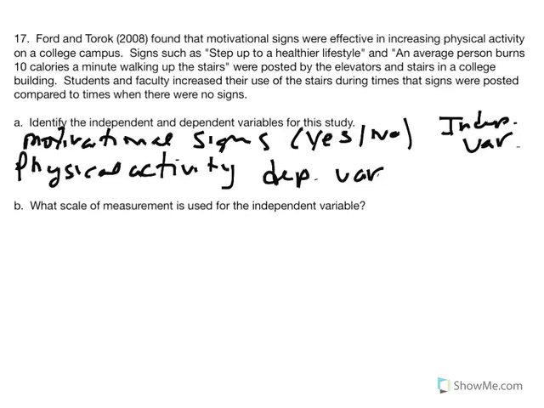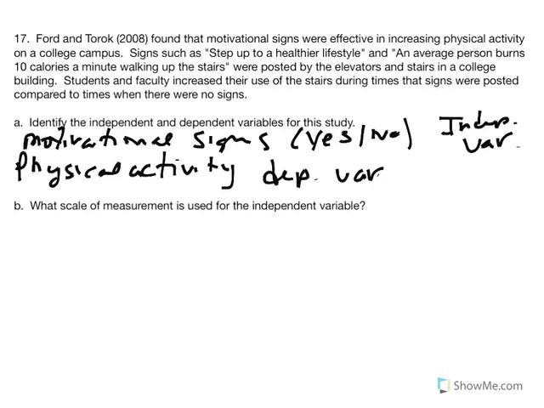Let's see if it's ordinal. Can we rank those categories in order? Presence of the sign versus the absence of the signs. Subjectively, we may think that the signs, given that they increase physical activity, is a good thing and better. But objectively, we can't make that distinction.